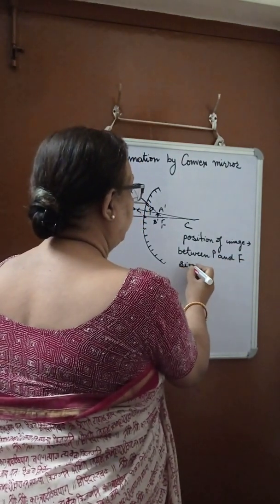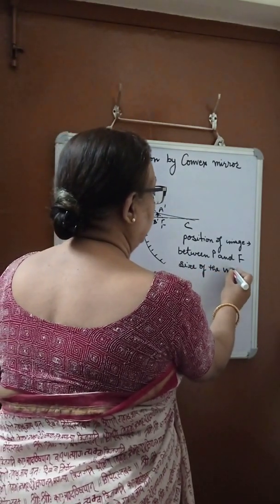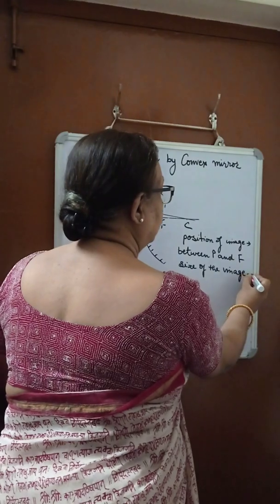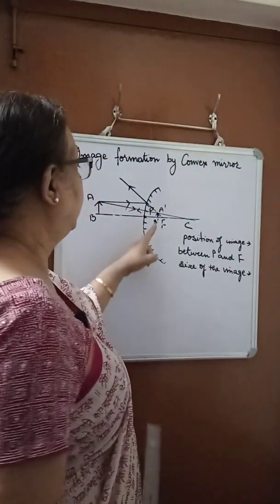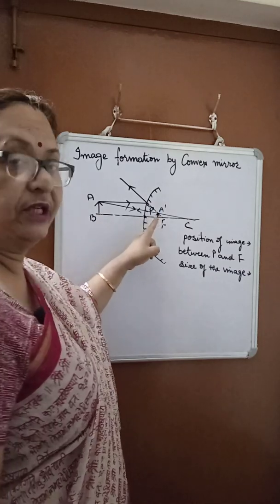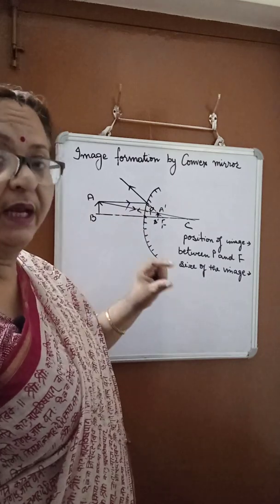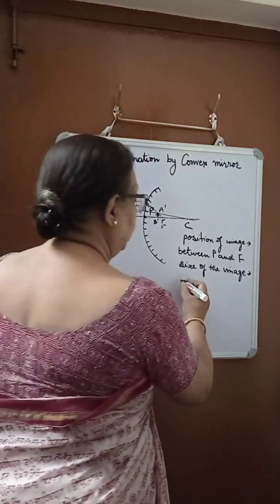And what is the size of the image? You can see it is smaller than the object. AB is the object, A dash B dash is the image. So the size is smaller than the object.